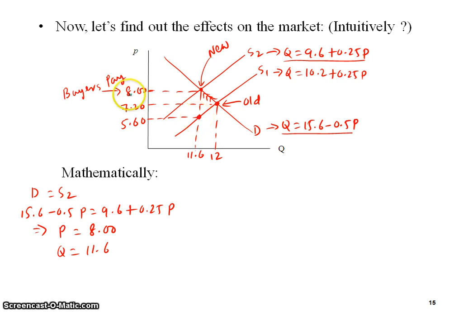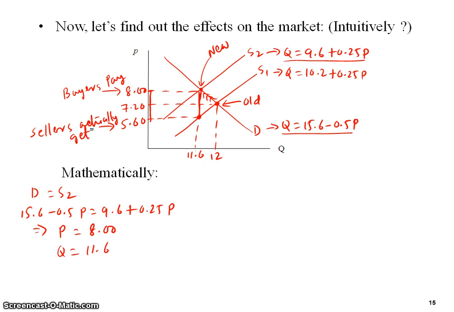Okay, so this distance, or this distance, right, is exactly equal to 240. Okay, it has to be. Okay, so this is the price the sellers actually get.